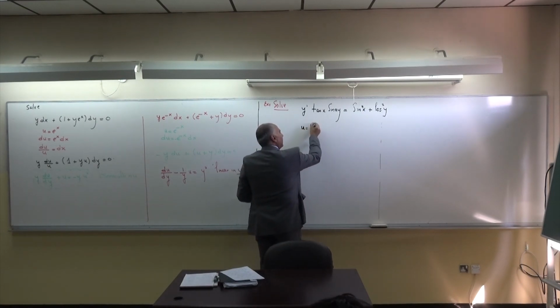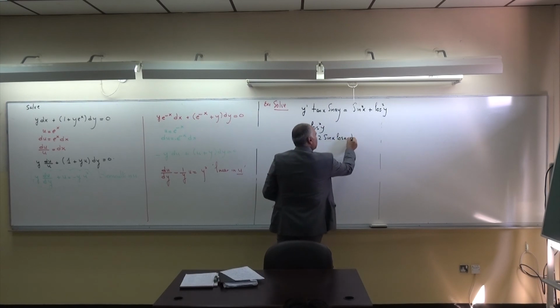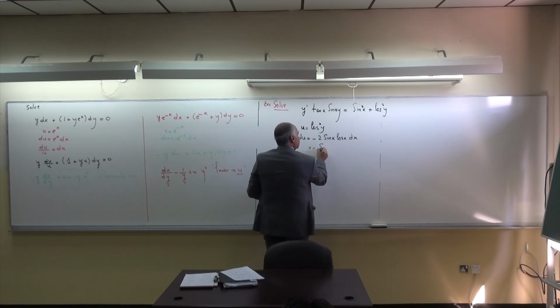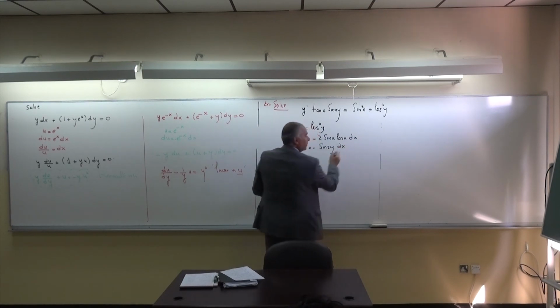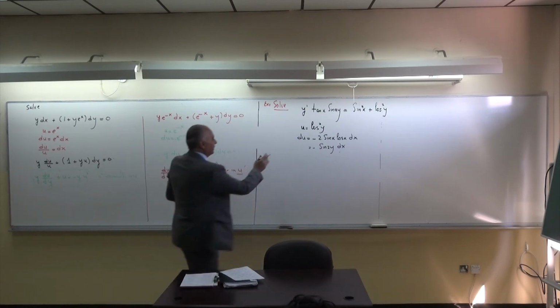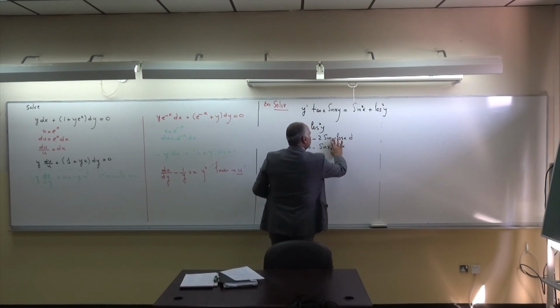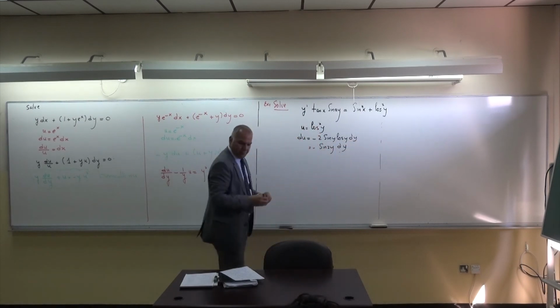يو تساوي كوساين سكوير واي. du it's minus 2 sine x cosine x dx which is minus sine 2y dx. كلها واي، سوري، كلها واي.